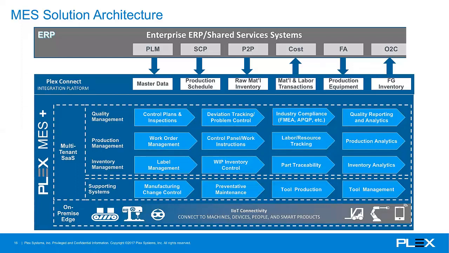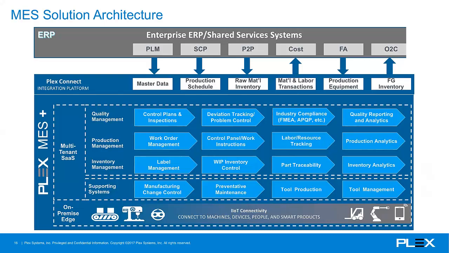As a result of our integration to our own ERP, Plex is well-suited to understand the business processes and data requirements of the enterprise layer. This knowledge results in integrations to external systems that are simple and easily maintained. On the screen, you see our solution architecture, which includes the critical components and integration platform, Plex Connect.